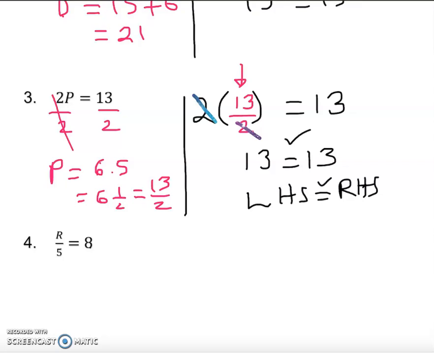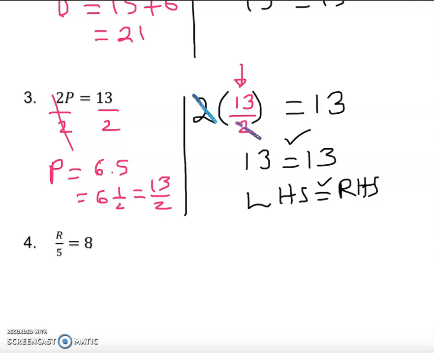Next, moving to the next one. If you look at number 4, we clearly see this one has a division. So we can just multiply. The opposite of division is multiplication. What is on the denominator is 5, so we multiply by that number, not any other number, because we want to isolate r by itself. We multiply by 5 on both sides.